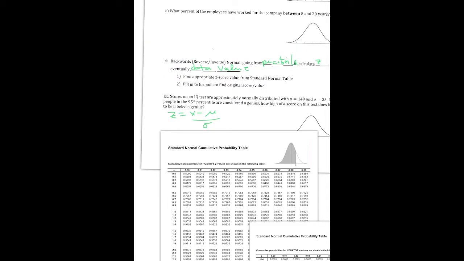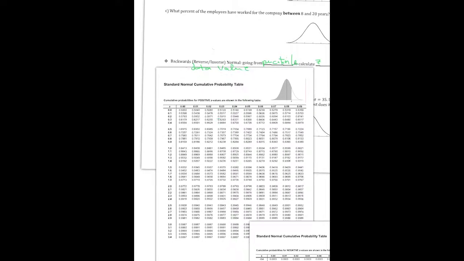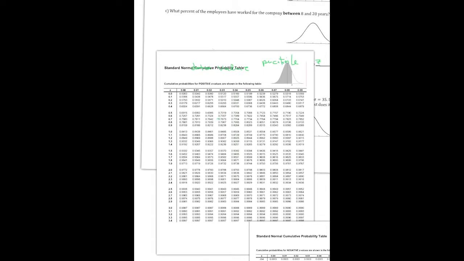So looking at our table of values, we are looking for 95%. And that 95% is simply located within the entire table of all of the values that are given. It's not quite as easy as just finding your z-score. So if we go ahead and look for 95%, we are looking around the area of 1.6 or 1.7. 1.6 and 1.7 have all the values that are the closest to 0.95.